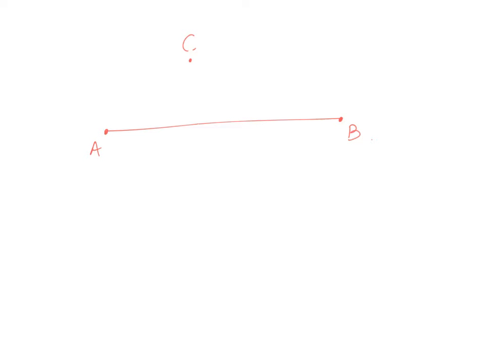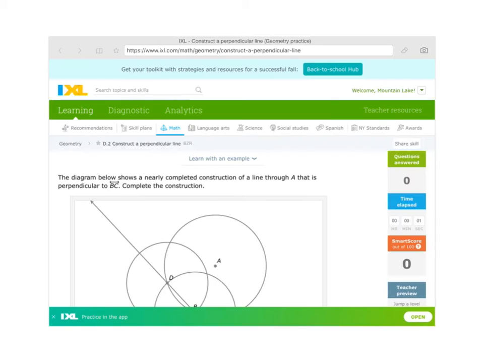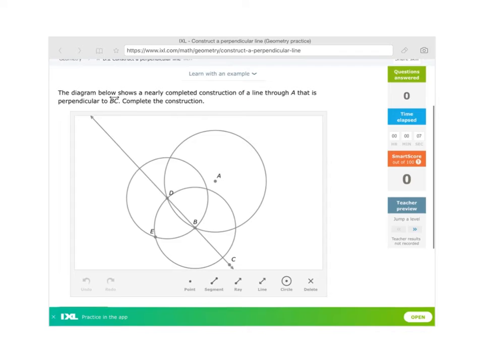All right, so let's go to an IXL. Okay, so we've got a few IXLs over here. I'll do a few questions and then we'll determine how to get through with it. So this has a few circles. It might seem a little complicated, but let's see what the question is and then we'll try to determine what's happening.